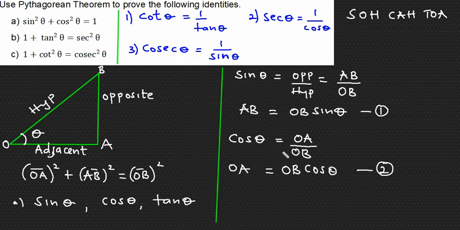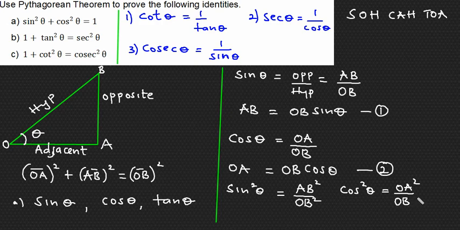So what is the sine squared? Now my sine squared, using Pythagoras theorem, sine squared will be AB over OB, but when this is squared, and cos squared theta is going to be OA squared over OB squared.